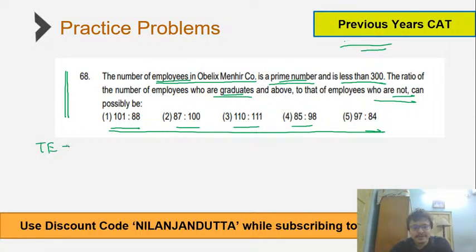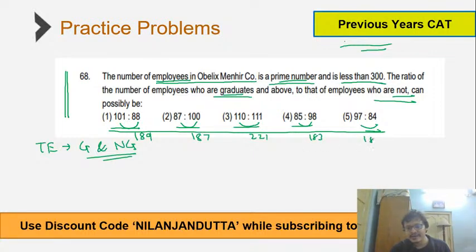Total employees is nothing but the sum of graduates and non-graduates. So all you need to do is add these two and check whether you're getting a prime number or not. For example, the first option is giving me 189, the second is giving me 187, third is giving me 221, fourth is giving me 183, fifth is giving me 181.